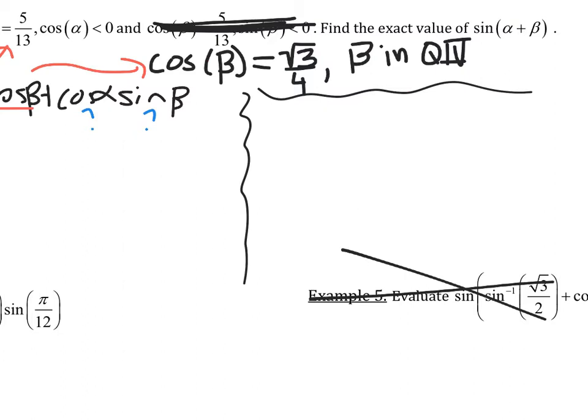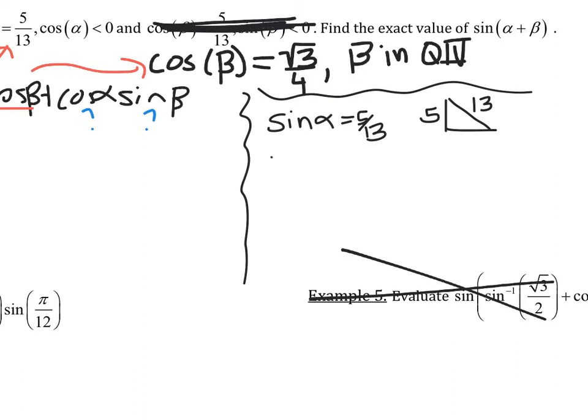So we'll go off here to the side and we'll say that we know that the sine of alpha is 5/13, and since the cosine of alpha is negative, we know we're in quadrant 2. So in quadrant 2, I'm going to draw a triangle that has a y value of 5 and a hypotenuse of 13.